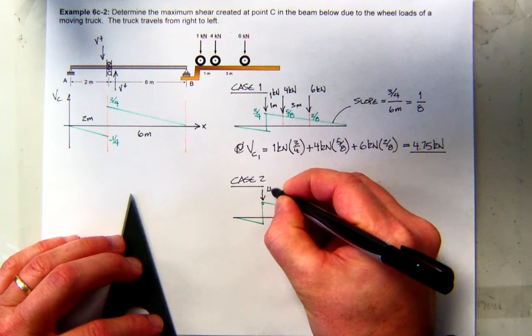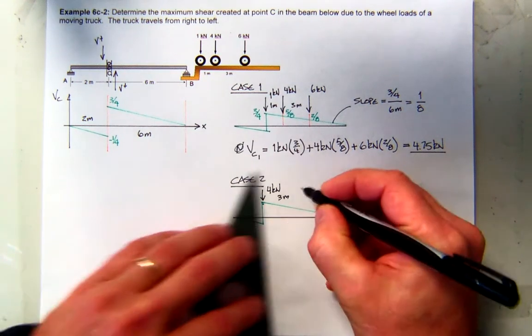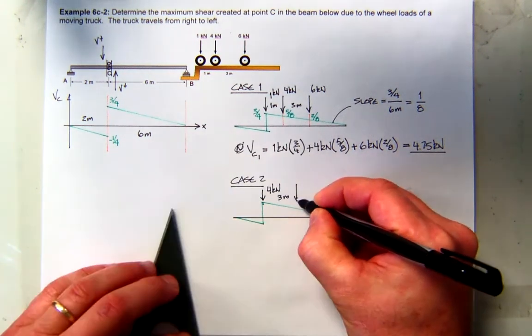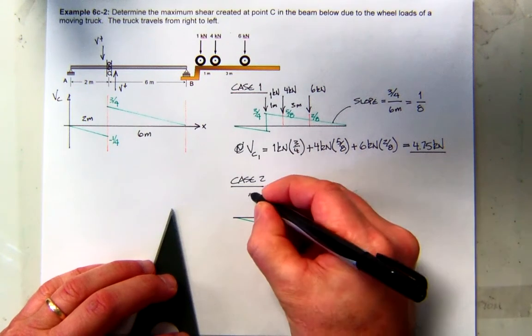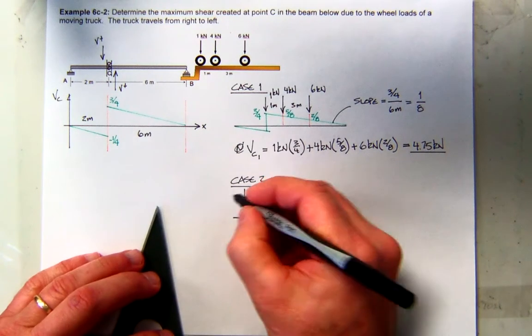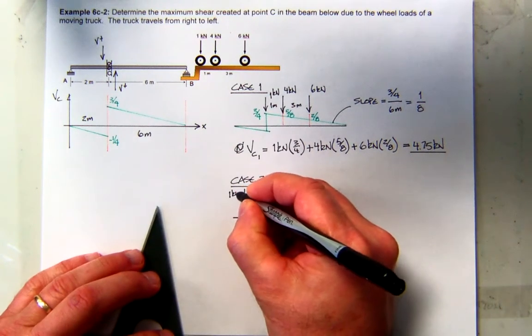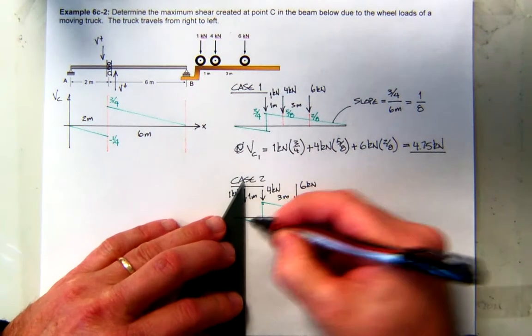This will be the 4 kilonewton force. And then 3 meters back, we'll have the 6 kilonewton force. And 1 meter forward, sorry about that, I kind of jammed that all in there. It's not very pretty.